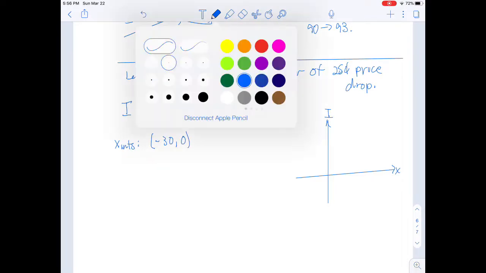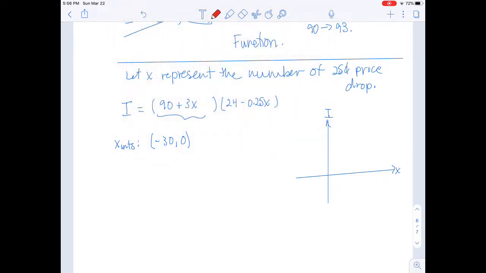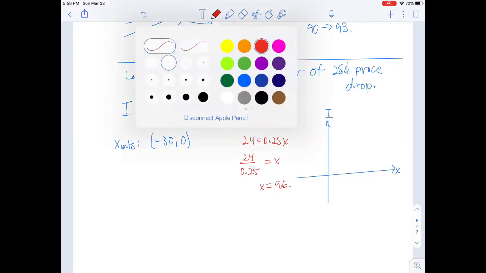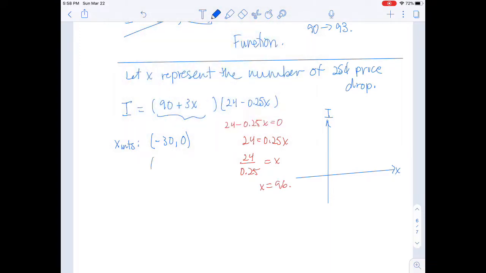For this one, let's use that other process I mentioned, where we set this equal to 0. I get 24 equals 0.25x. If we divide both sides by 0.25, we end up getting that x is 96. All right, so I know my other x-intercept is (96, 0).